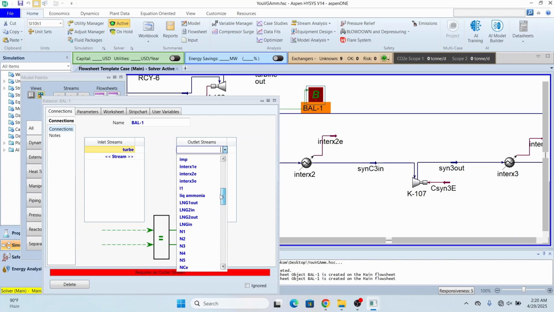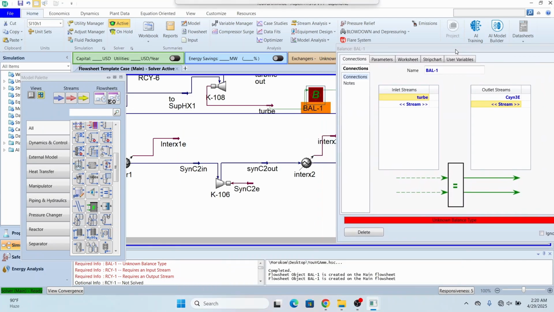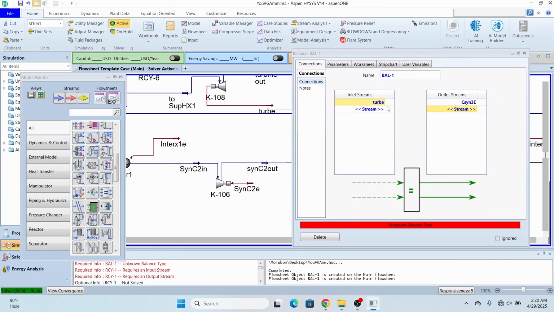So this is my first energy, and my second is, I drag it a little bit down, this one, C2E.